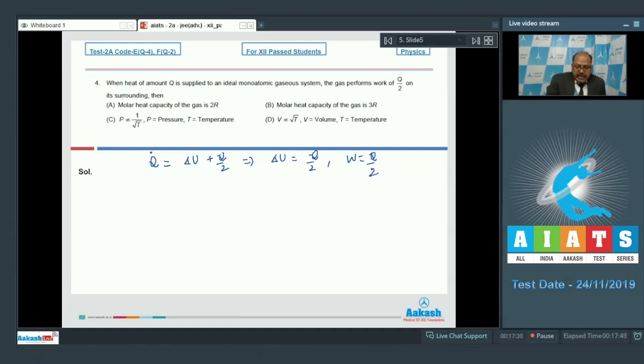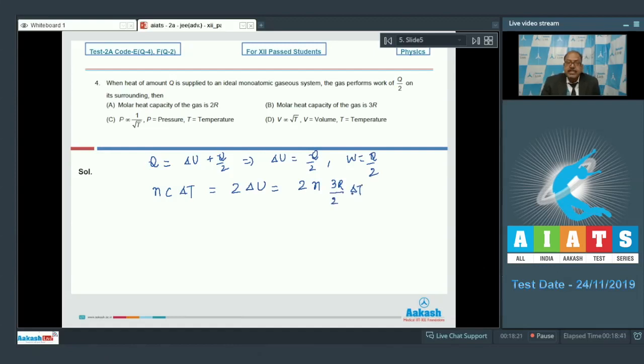Now we can write Q as N C delta T, and that will be equal to 2 times delta U, because work done is also equal to delta U. So that means it is equal to 2 times N into delta U, and for a monatomic gas it will be 2N into 3R by 2 delta T.